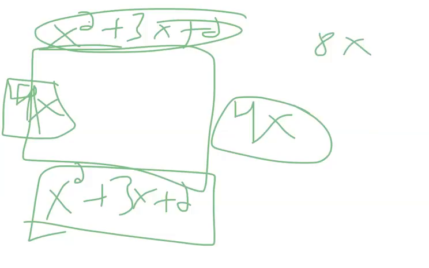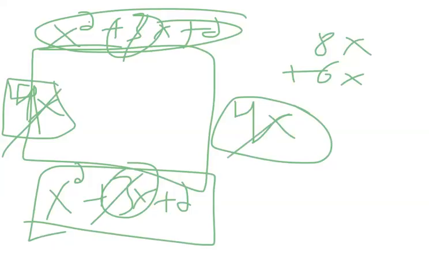I'm just going to add all these four sides. 3x plus 3x gives you 6x. x squared plus x squared gives you 2x squared, and 2 plus 2 gives you 4. And then you do 8 plus 6, which is 14.